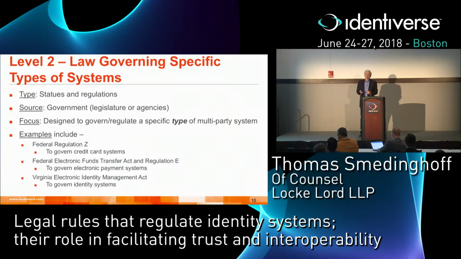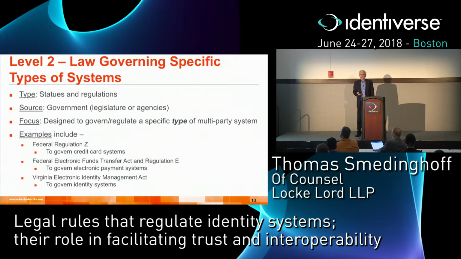So that is law focused on credit card systems. It applies to Visa, MasterCard, Discover, American Express, all of those individual credit card systems. It doesn't govern everything. It focuses on a few specific issues. In the case of credit cards, it's primarily designed as a consumer protection device.